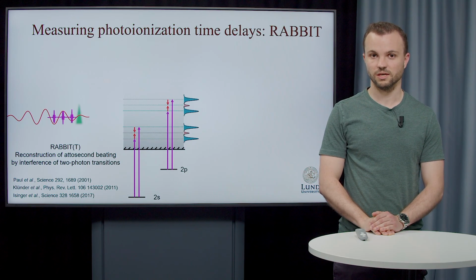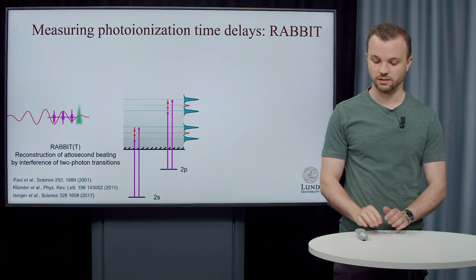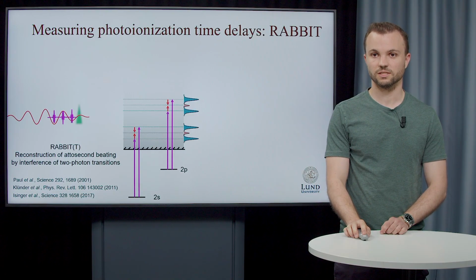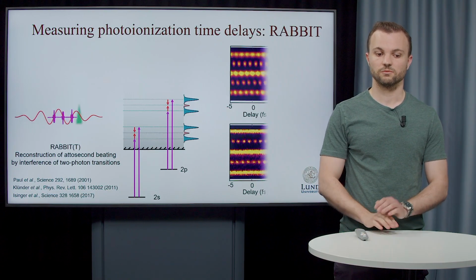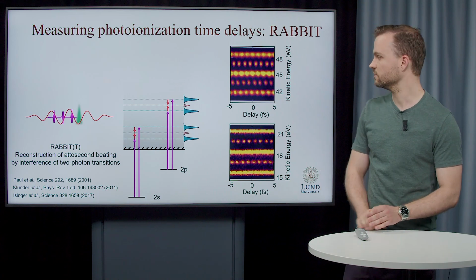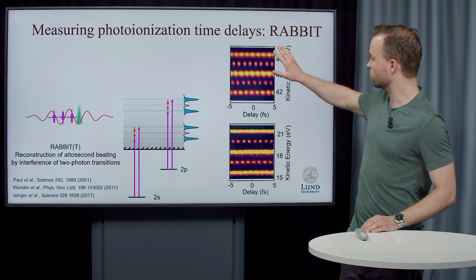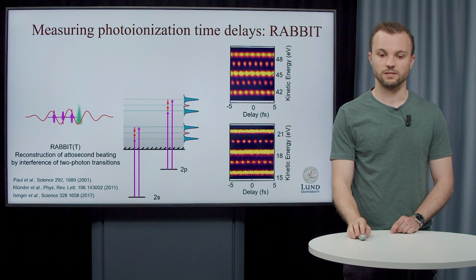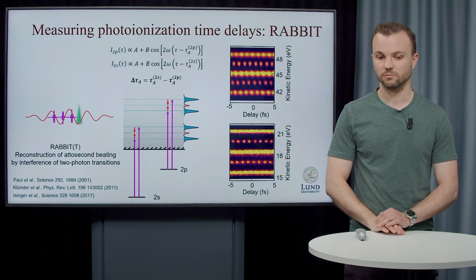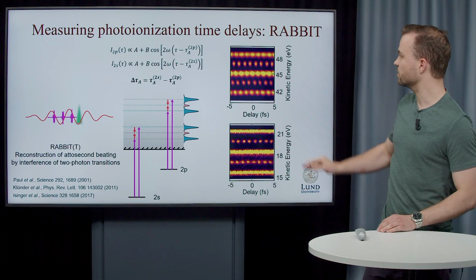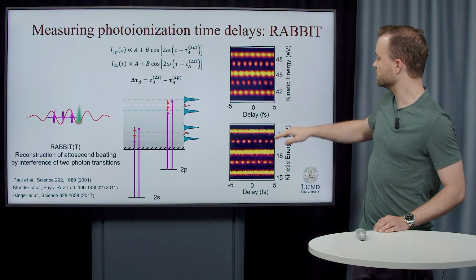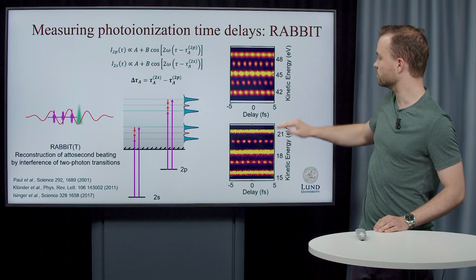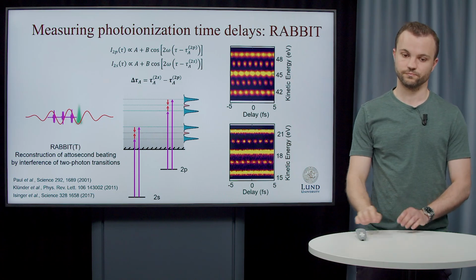Depending on the relative delay between the XUV and the infrared pulse, the photoelectron yield in the sideband will oscillate, so that when we change the delay, we will obtain these two spectrograms for the 2p electron and for the 2s electron. In this case, the temporal information can be directly obtained by comparing the relative phase between the sidebands from the 2p electron and the 2s electron.